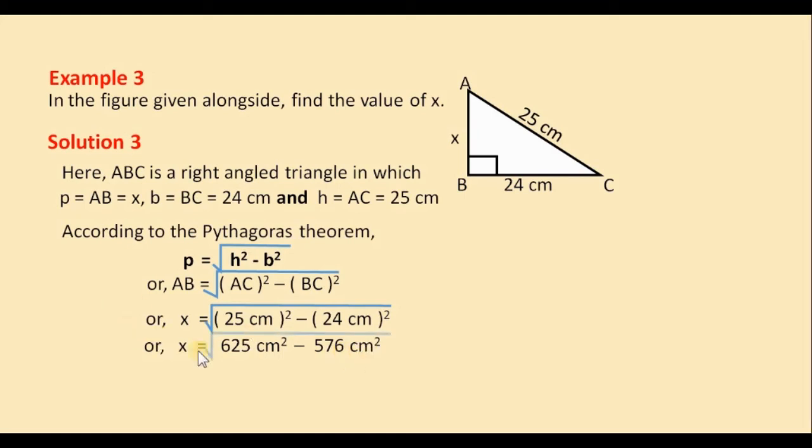Therefore x is equal to square root of 625 square centimeter minus 576 square centimeter. 625 minus 576 is 49. Therefore, x is equal to square root of 49 square centimeter. Therefore, x is 7 centimeter. Square root of 49 is 7.